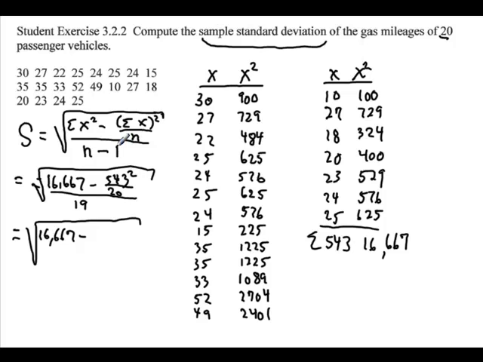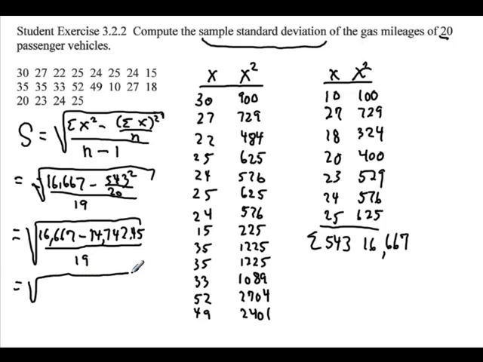And let's divide that by 20. And I come up with 14,742.45. All that is going to be divided by 19.